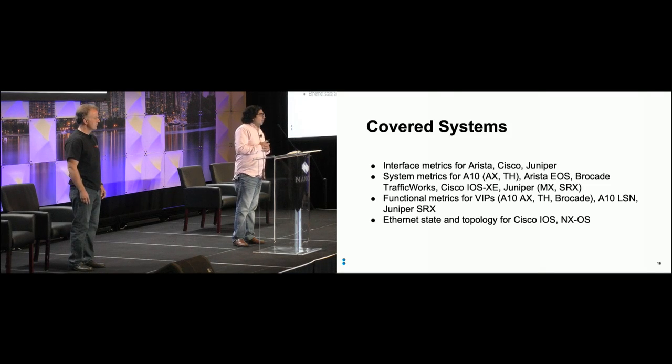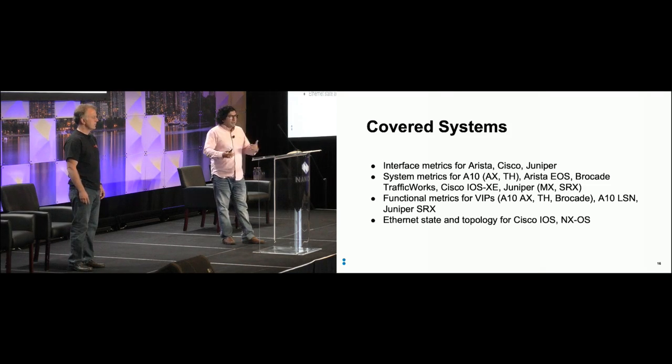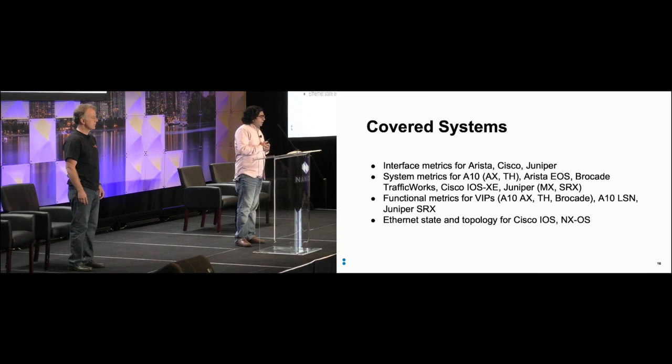Because this is a platform for telemetry collection, we've also built state and topology collection for Cisco devices. We're looking at integrating this back into our discovery so that we don't only figure out what devices to monitor through our CMDB, but through an actual walk of the network.